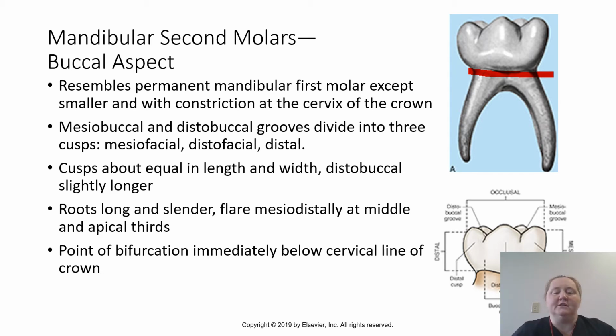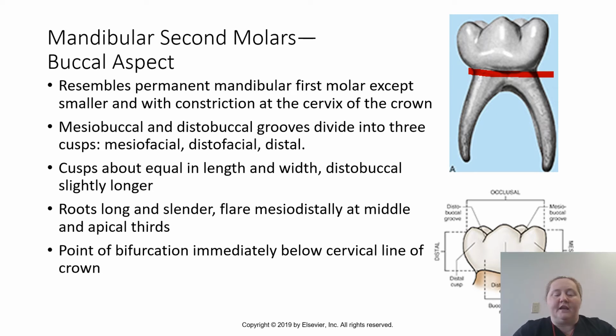The mesial buccal and distal buccal grooves divide the facial into three cusps, a mesial facial, a distal facial, and a distal, just like our maxillary first molar. The cusps are about equal in length and width. The distal buccal is slightly longer. The roots are long and slender, and they flare mesiodistally at the middle and apical thirds.